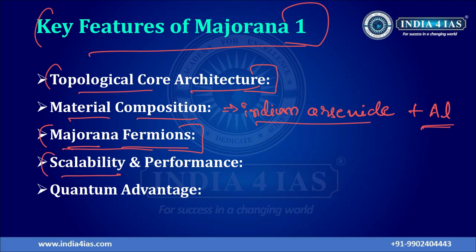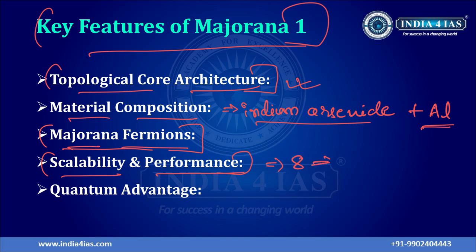Coming to the scalability and performance of the qubits in the quantum chip, currently the quantum chip features 8 qubits. Later we will study what qubits are. The present chip features 8 qubits, but the topological core architecture of this Majorana 1 chip allows error-resistant scaling up to 1 million qubits.